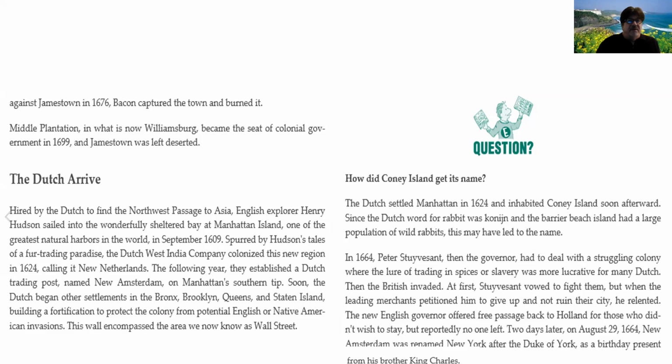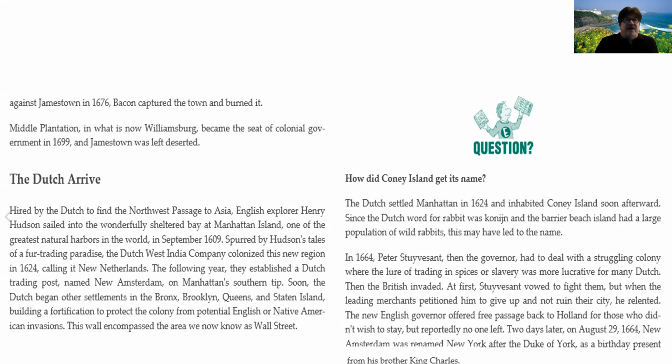The Dutch arrived. Remember, they had some Dutch traders that brought the first slavery contacts. English explorer Henry Hudson, hired by the Dutch to find the Northwest Passage to Asia, sailed into the wonderfully sheltered bay at Manhattan Island, one of the greatest natural harbors in the world, in 1609.